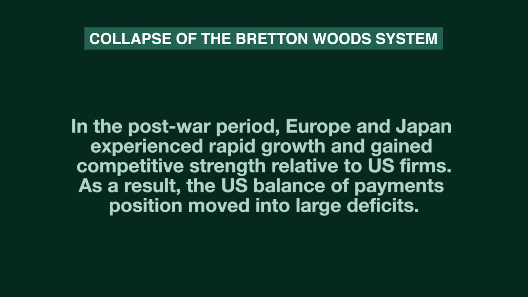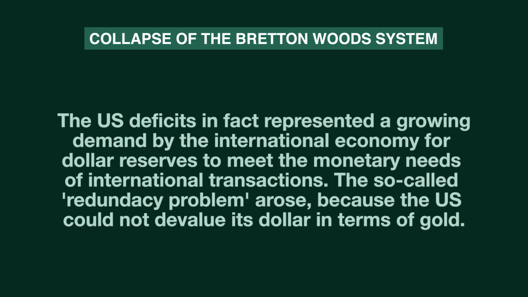In the post-war period, Europe and Japan experienced rapid growth and gained competitive strength relative to US firms. As a result, the US balance of payments position moved into large deficits. The US deficits, in fact, represented a growing demand from the international economy for dollar reserves to meet the monetary needs of international transactions.